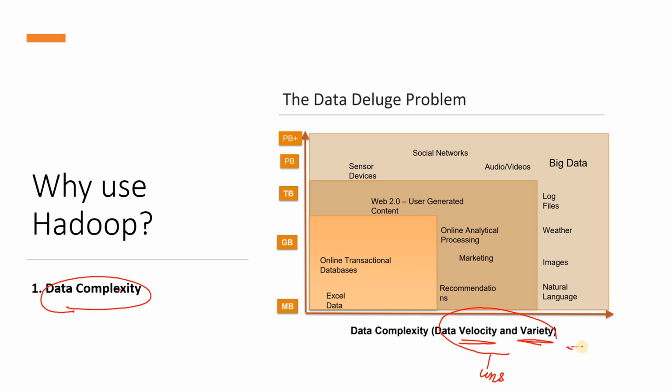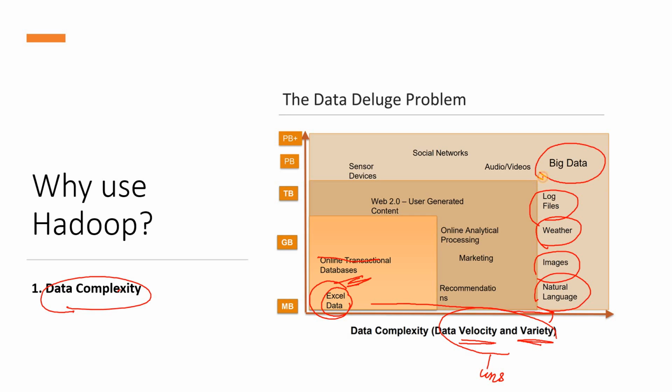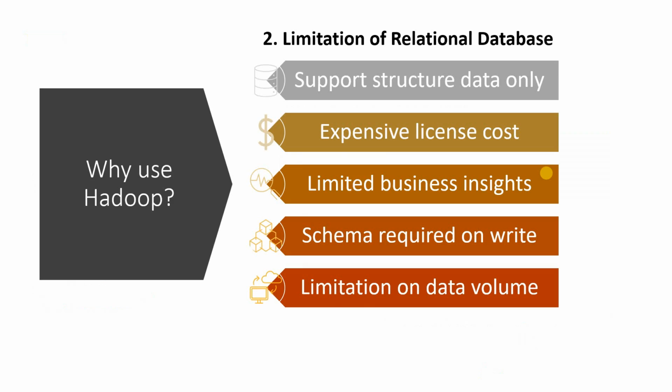If you take a look here, in early years we only had Excel data and online transaction databases. But then, towards the years, we are going to handle natural language, images, weather, log files, and all of these are categorized as big data.